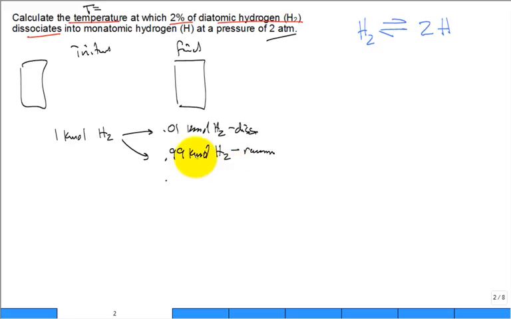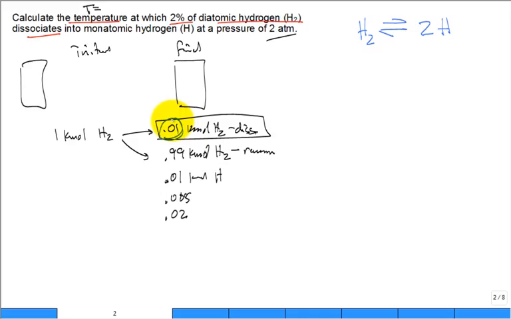All right, so if that much dissociates, how much H do I have? Do I have 0.01 kilomole of hydrogen, or do I have 0.05, or do I have 0.02 kilomoles of hydrogen? The key is, how much dissociated? 0.01 kilomoles.